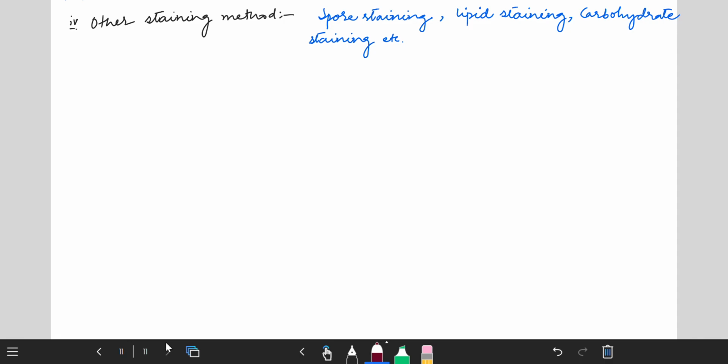Now, what are the other types of staining methods? Other types of staining methods are spore staining, lipid staining, carbohydrate staining, etc. Spore staining can be done using acid fast stain plus malachite green.